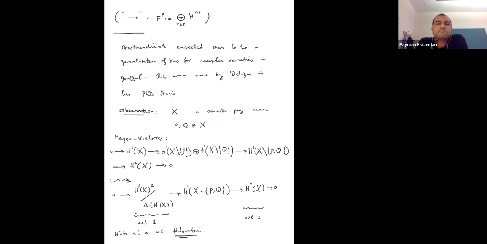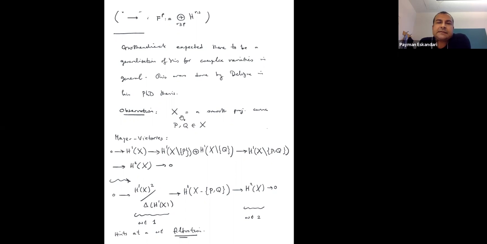Now, this was for smooth projective varieties over C, but Grothendieck expected that this picture should generalize to arbitrary complex varieties, and this was done in Deligne's PhD thesis. So the observation is the following. We're moving towards the mixed world, where the varieties are no longer smooth or projective.